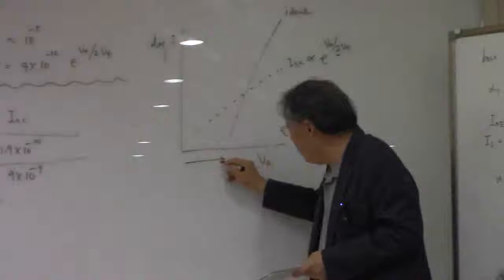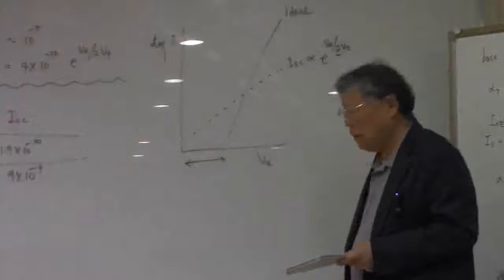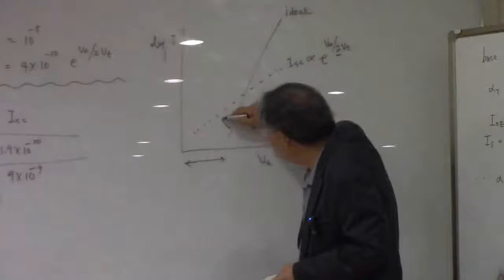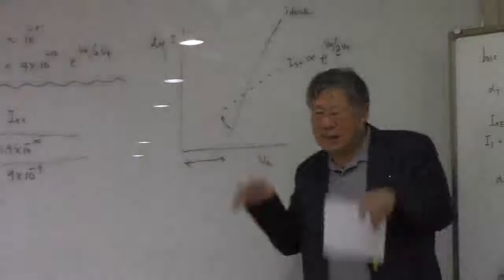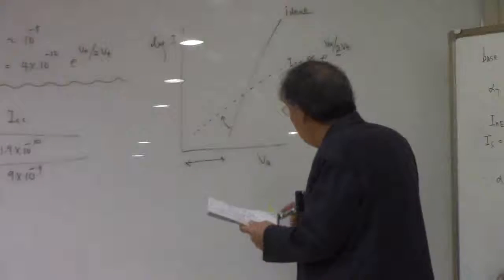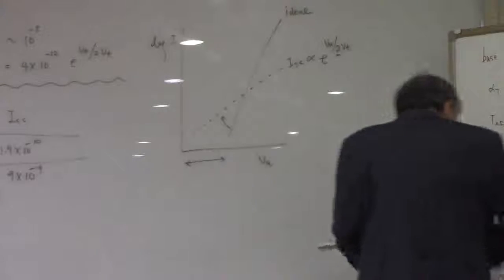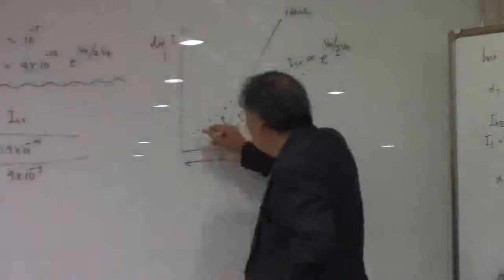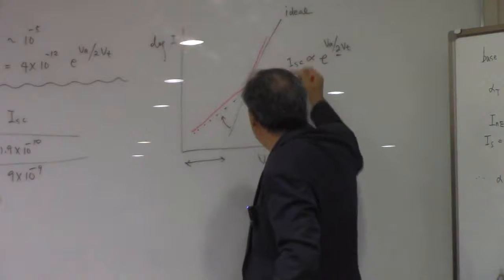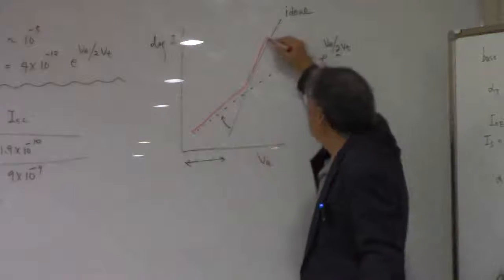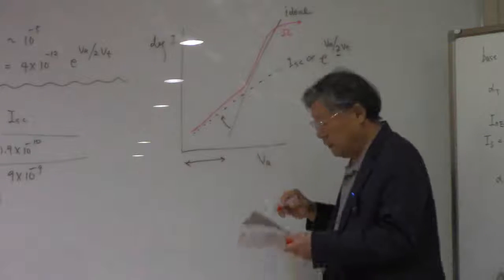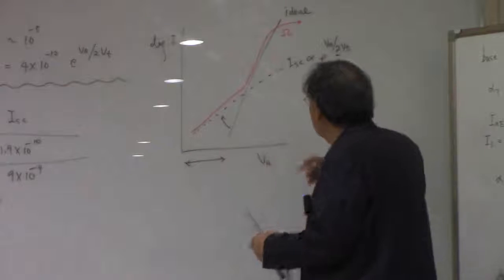So it goes like this. At the small voltage, the current is going to be increased somewhat. So beta gets bad. We call that the roll off. As a whole, the current goes like this, and at the high voltages, it has to roll off again because of the series resistance.